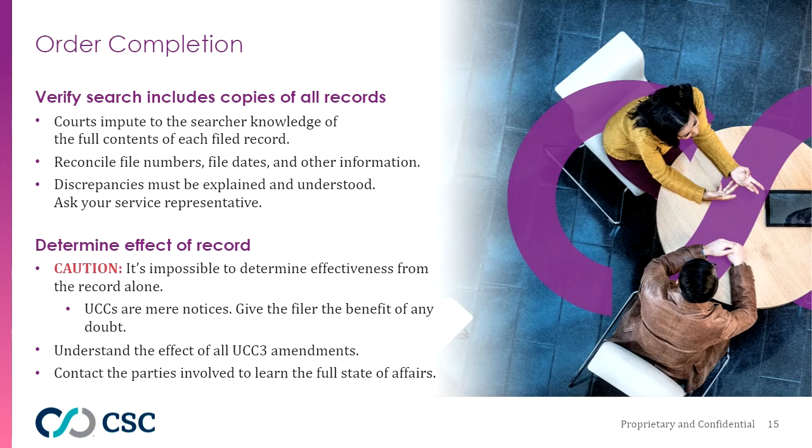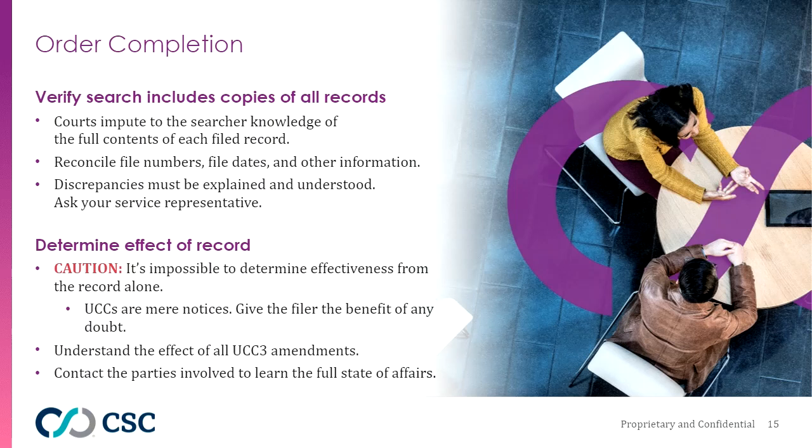So when we talk about courts imputing to the searcher knowledge of the full contents of each record, what we're saying is it's your responsibility to make sure that all pages that were filed by the filer appear on the public record.